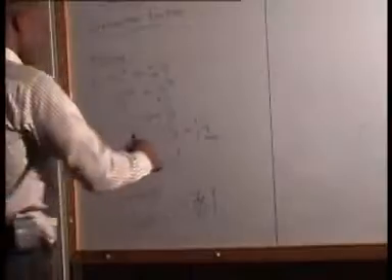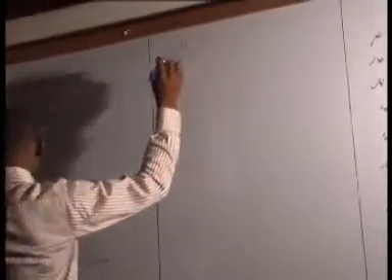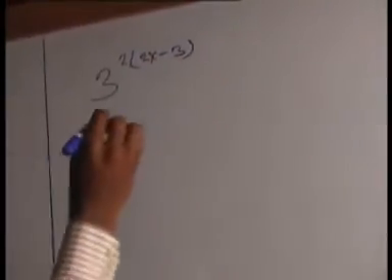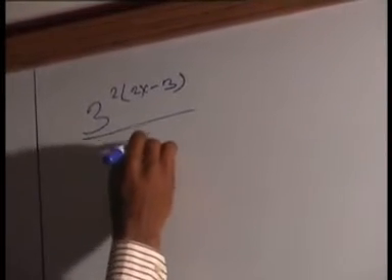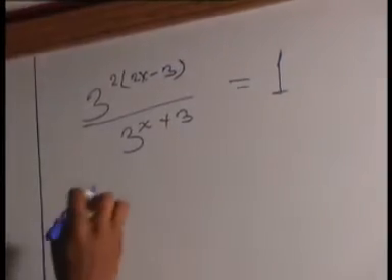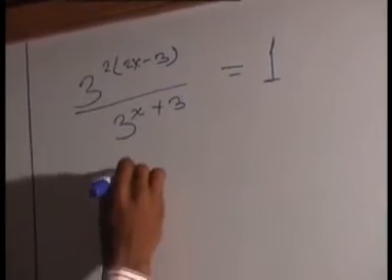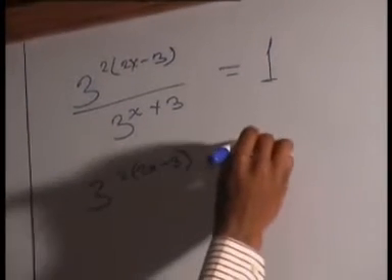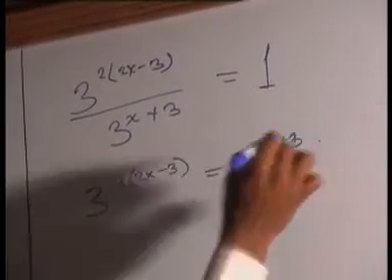So we'll move on. So from here, again, 3 raised to the power 2 into 2x minus 3 over 3 raised to the power x plus 3 equals to 1. So this guy will go this way. You're going to have 3 to the power 2 into 2x minus 3 equals to 3 raised to the power x plus 3.